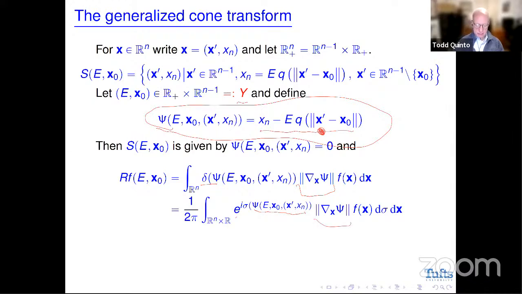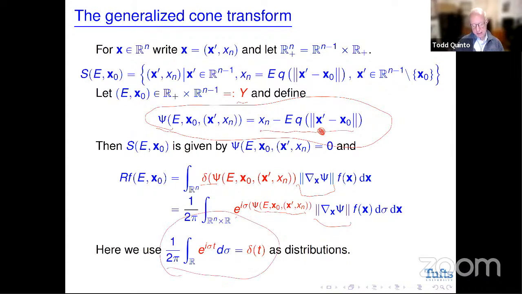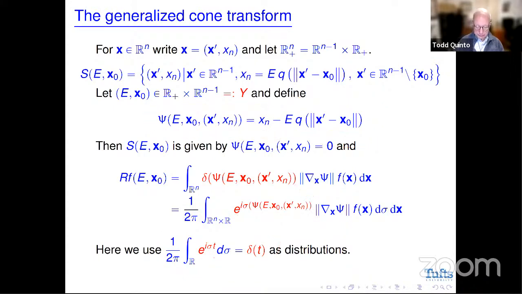I'm just using the fact that the inverse Fourier transform of 1 is delta, as a distribution. Now, this operator here is a special type of operator called a Fourier integral operator. And that's part of the simple part of our main theorem.